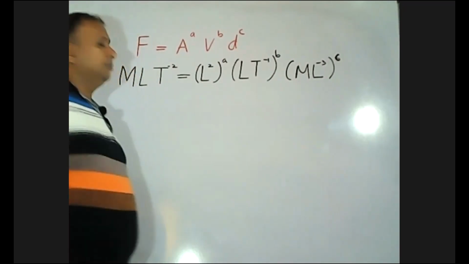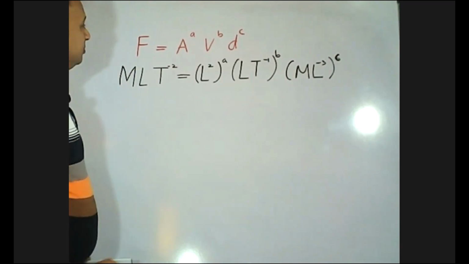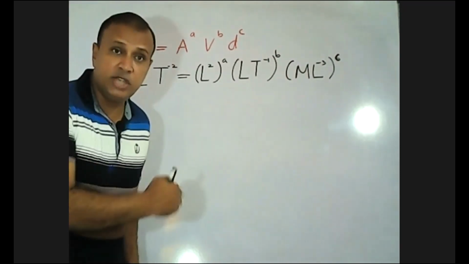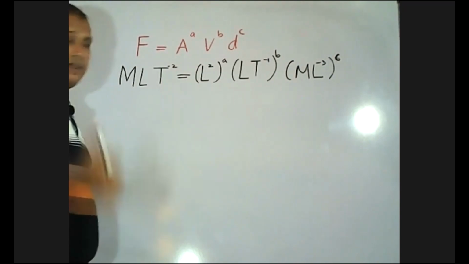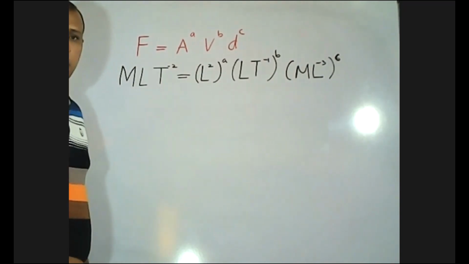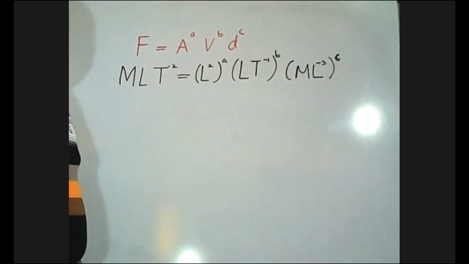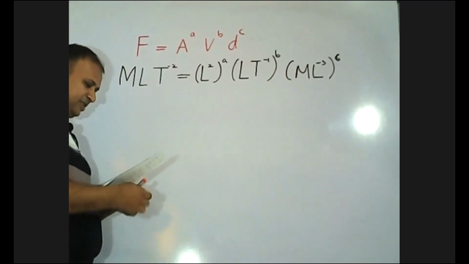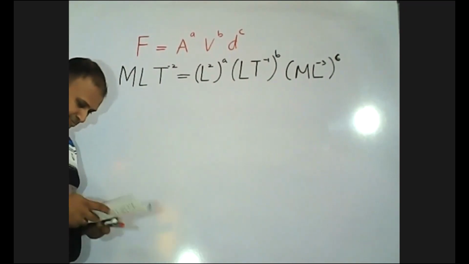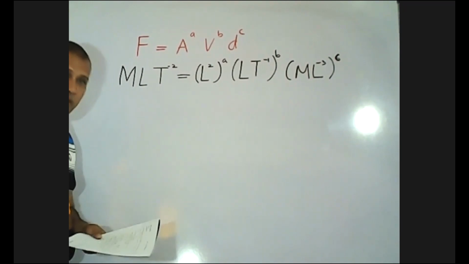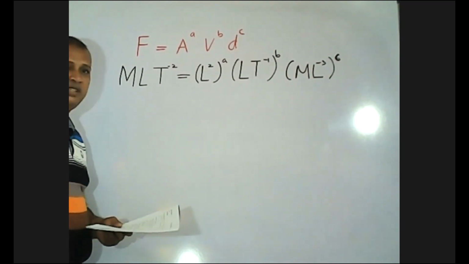Okay. Let's go to the question. After writing this step, you can take the answer. You can get the answer at once. How to do that? Can anyone tell me? What is the answer?